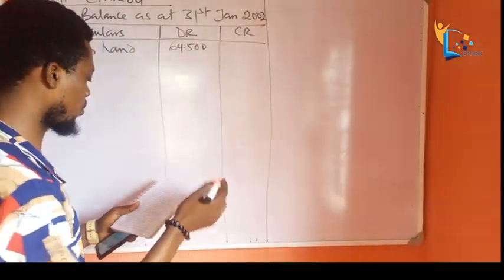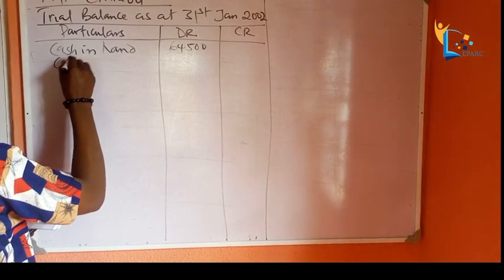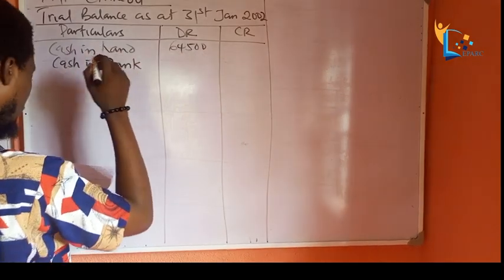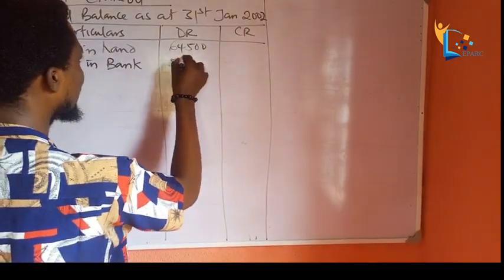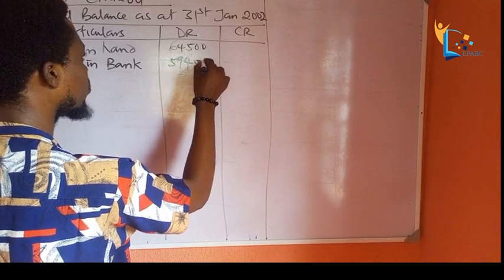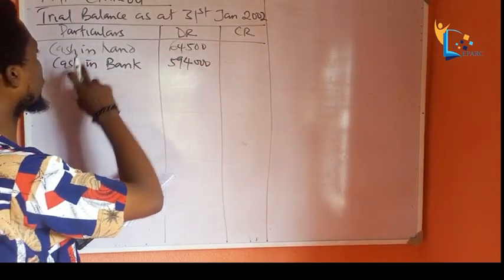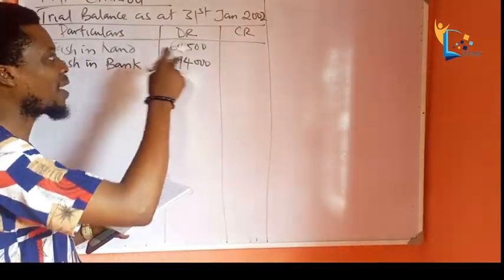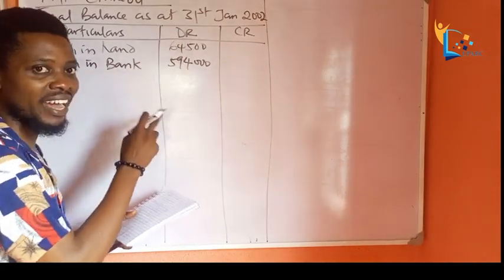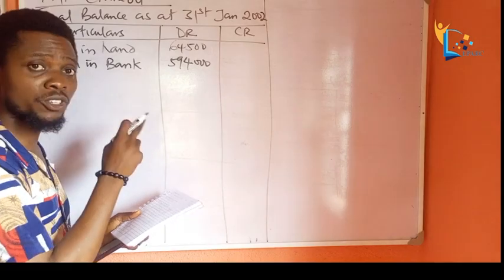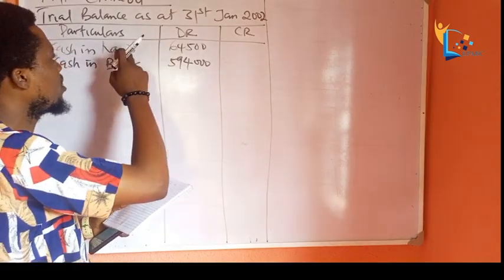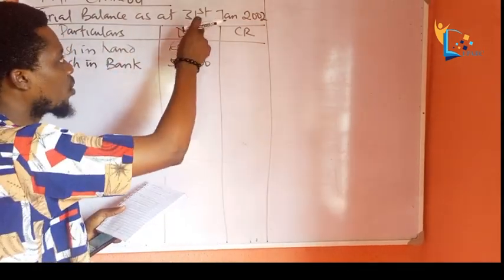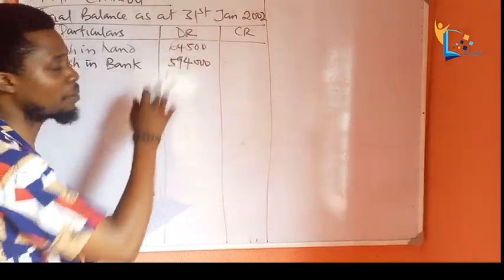Cash in bank is 594,000. If you check the cash book, you will see the balance brought down is on the debit side of the cash book. If you check the cash column and the bank column, you will see this amount. So that's why we are recording them on the debit side of the trial balance.